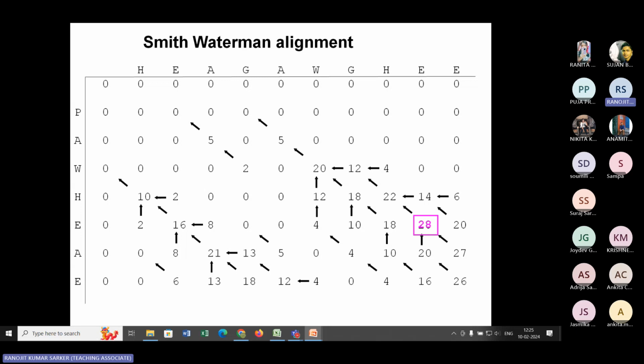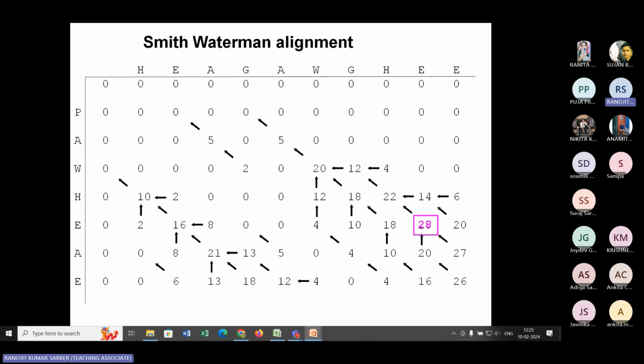You see that this is the highest value, right? The 28 is the highest value in this scoring matrix. Can you see that? Is there a higher value than 28? No, sir. So 28 is the highest value, and we will start the backtracking from this cell.